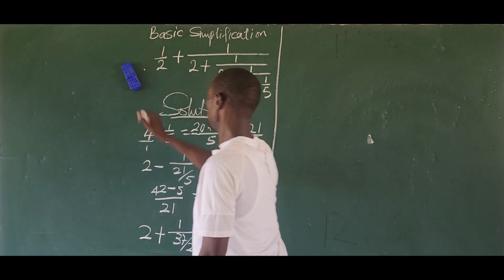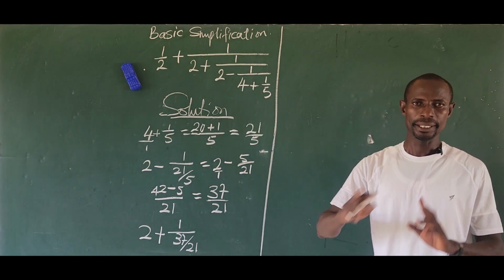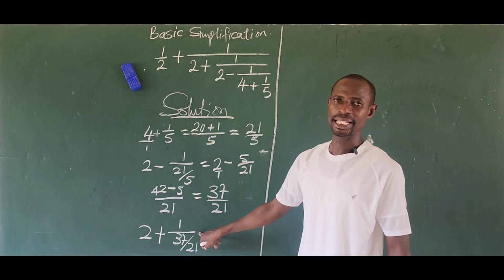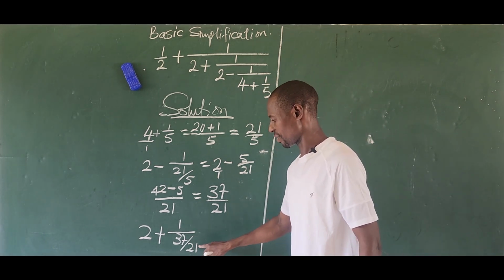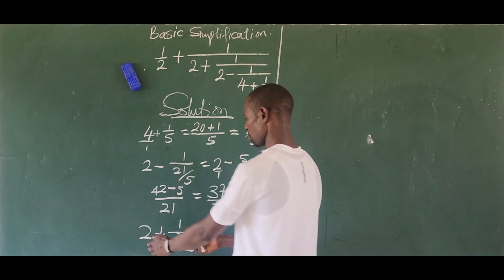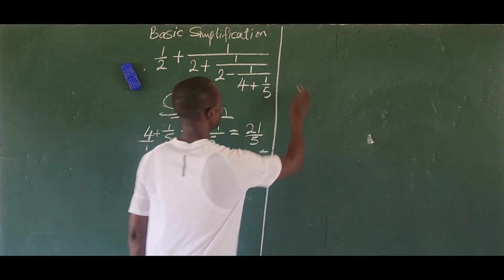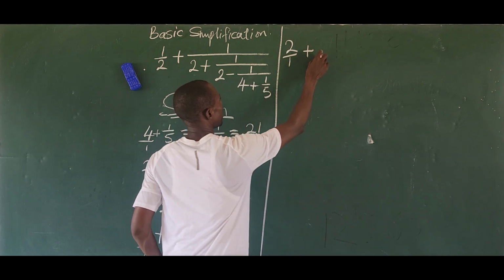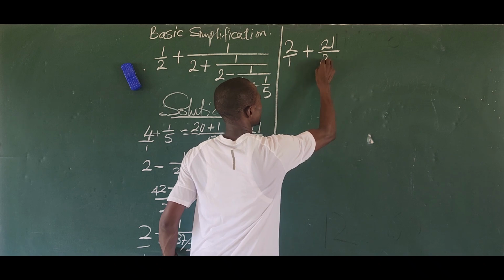Now let's take a look at this. Again, we apply that rule by changing this to a division sign. Again, change it to multiplication, and you discover that this 21 will go up and 37 will come down. So we're going to have 2 all over 1, then plus our 21 all over 37.